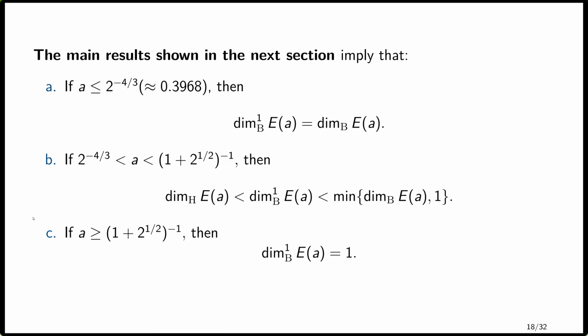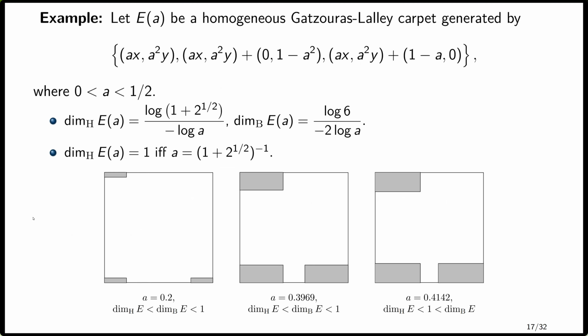And if A is greater than this critical point, but less than this point. So this point, as we said before, is where the Hausdorff dimension is equal to 1.